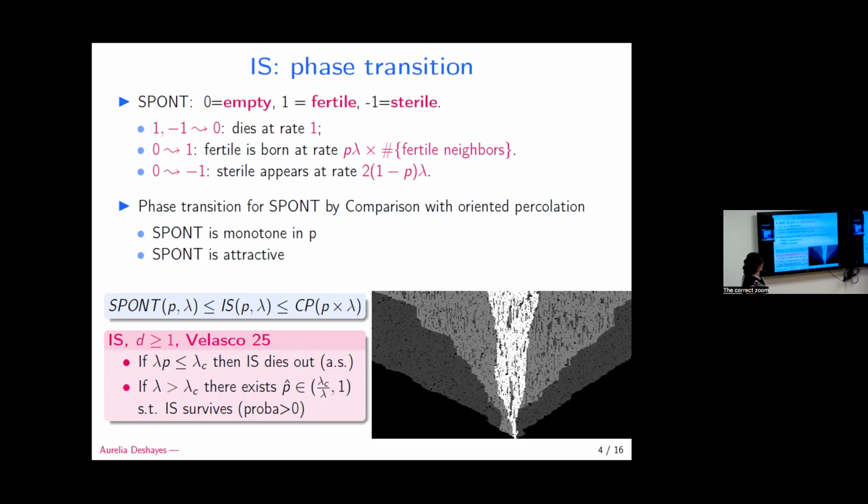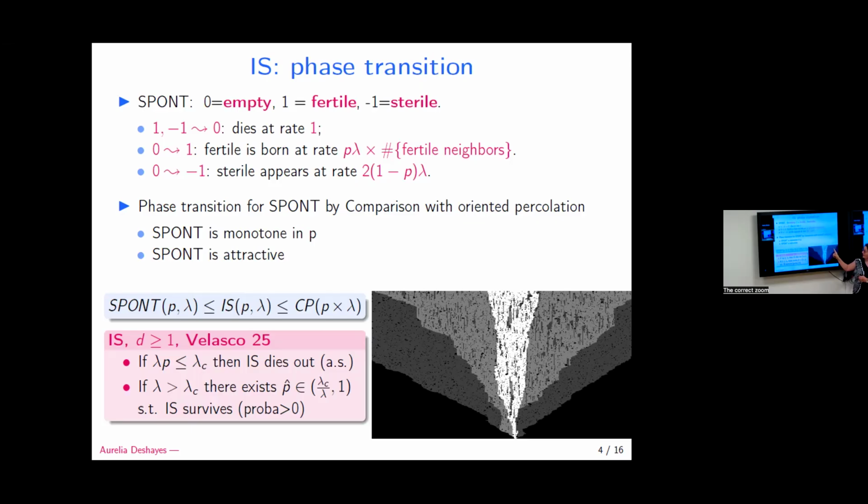But you're starting from one site. Yeah, for finite, so in this simulation, it's one. In this picture, what are the different colors? Here you have the 3 coupled processes. The construction is the one that gives you the coupling. The white is the sites that are one for everyone, that is SPONT, IS, and CP.